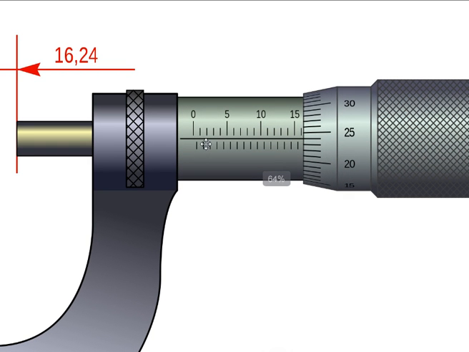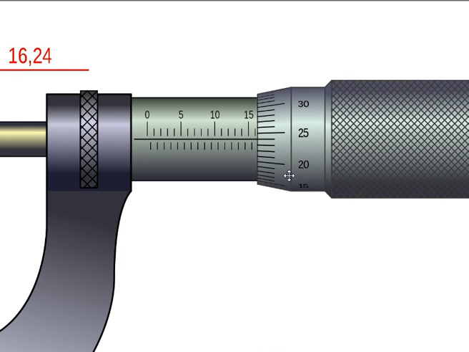Here the smallest division on the main scale is 1 mm, but if you see below, there are lines in between above two lines. That means the smallest division on the main scale is 0.5, because from 0 to this 1 mm there is a line in between these two. So from this line to this line there is a distance of 0.5 mm, which is the smallest division on the main scale for the micrometer.